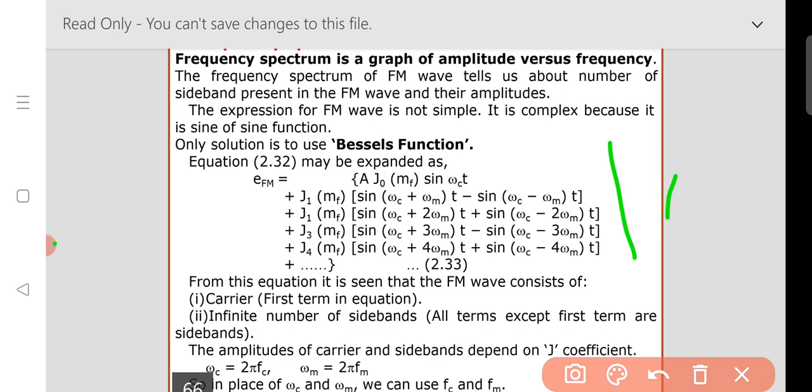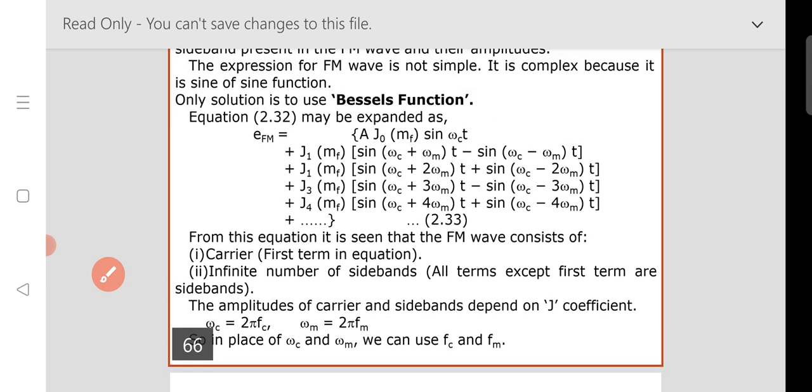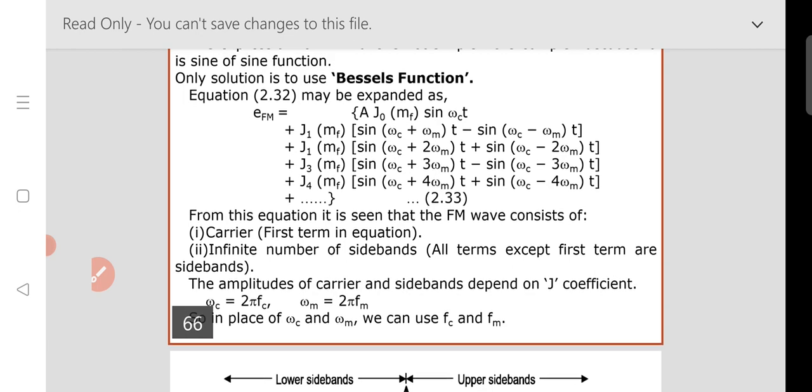It continuously produces different side bands. So the first term is the carrier term. The FM transmitter sends these terms also continuously, but we want to send whatever is required.